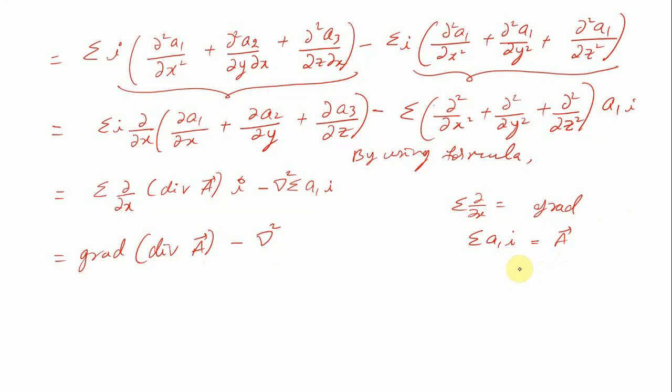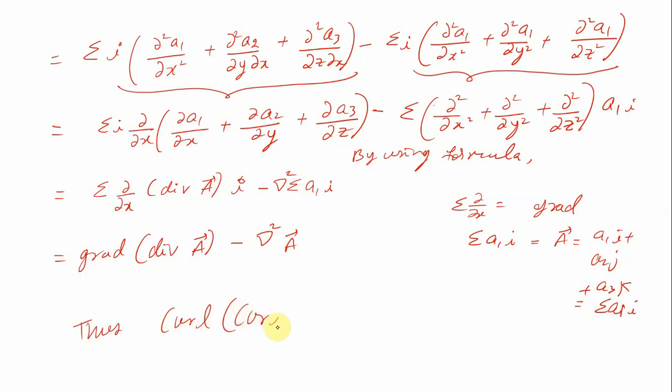Here a bar is nothing but a1 i plus a2 j plus a3 k, which is nothing but summation of a1 i. That's it. So therefore this is going to become a bar. Thus, yes friends, curl curl a bar is equal to gradient of divergence of a bar minus del square a bar, friends. So this is how we have to simplify.